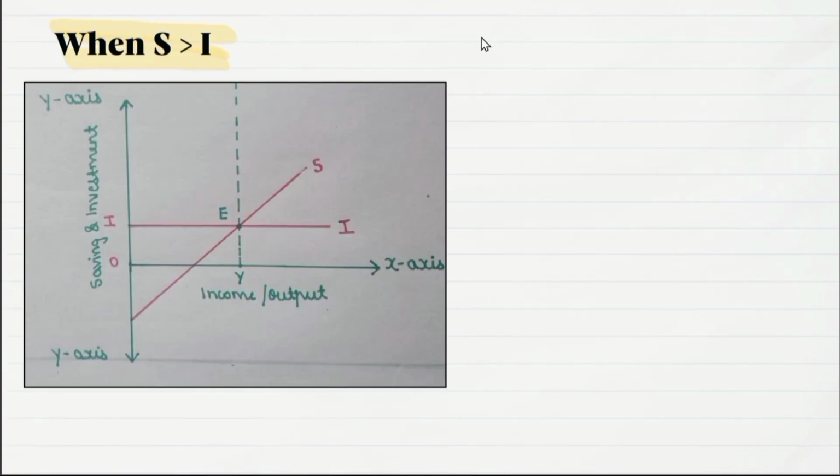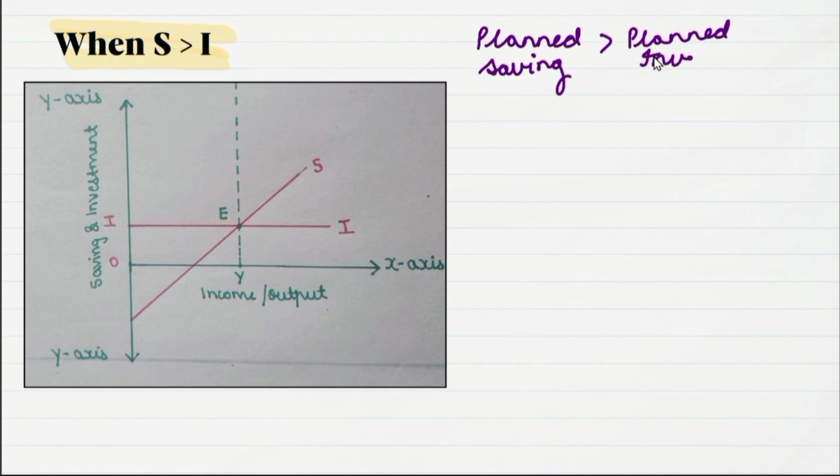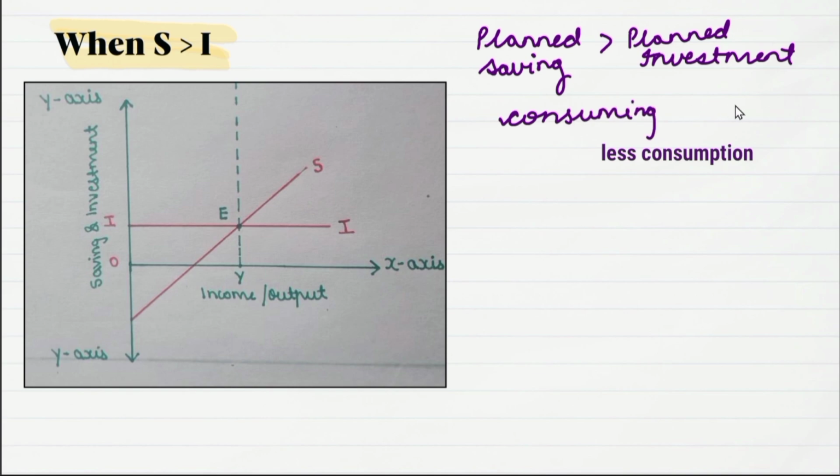In this particular slide, I have mentioned that our planned saving is more than planned investment. It means households are not consuming as much as the firm expected them to, which means that consumption has decreased and saving has increased.